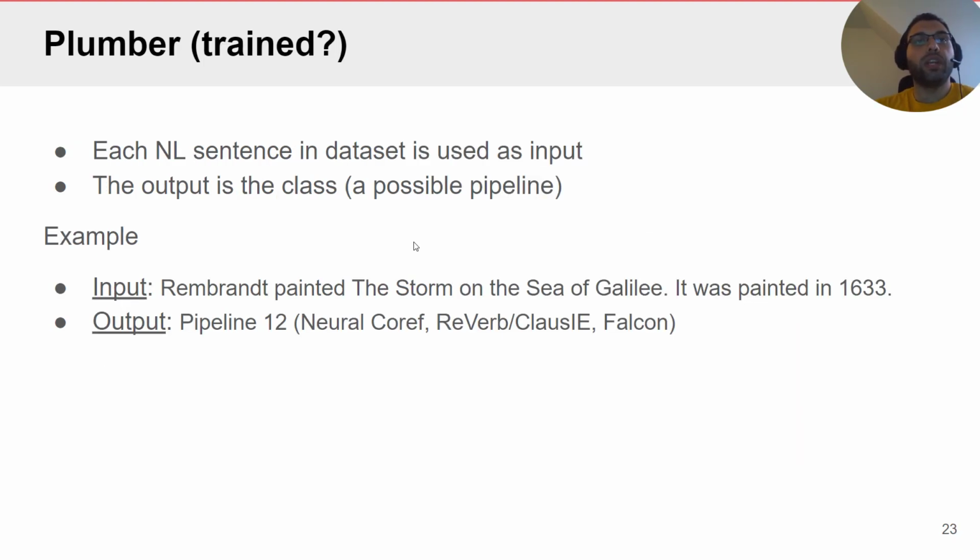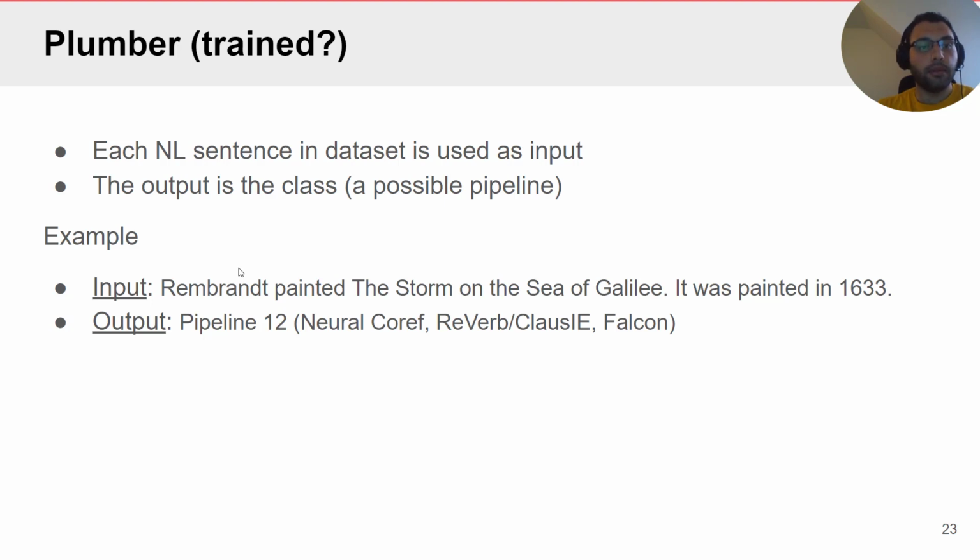How we did this: we trained Roberta to perform sentence classification. We processed each natural language text sentence in the dataset as input, and the output was a suitable pipeline for the mentioned sentence. In order to obtain these, we had to run all possible pipelines on all possible inputs and choose the best performing pipeline per input as the truth value for its classification output.